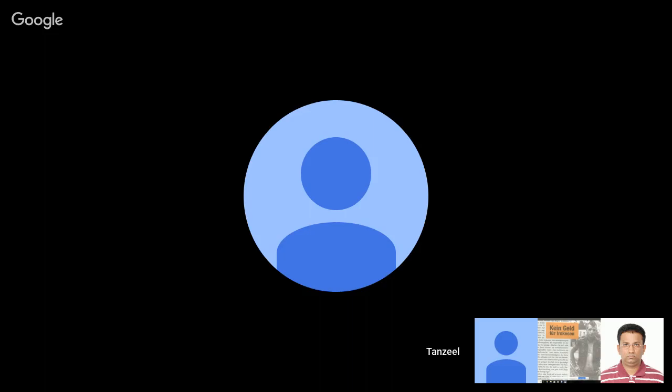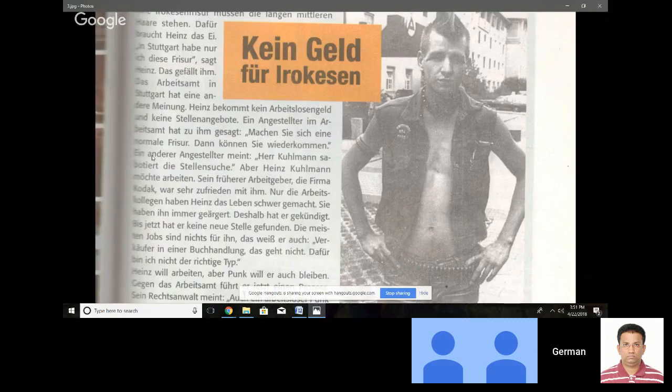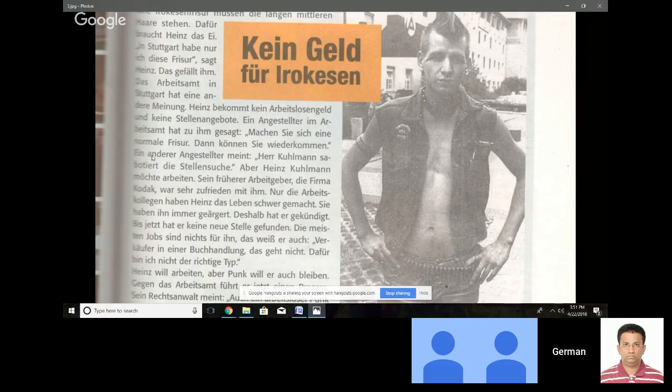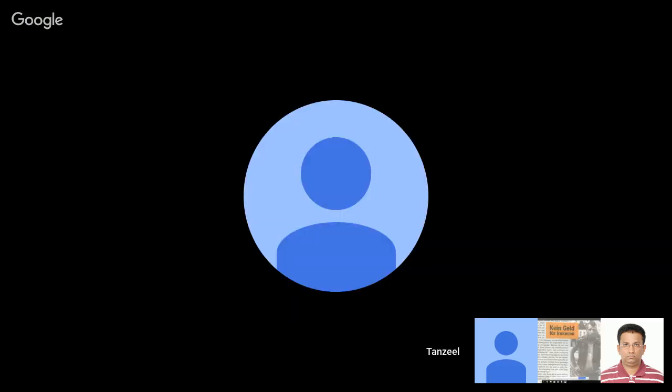Das Arbeitsamt in Stuttgart hat eine andere Meinung. But the employment exchange in Stuttgart has another opinion. Heinz bekommt kein Arbeitslosengeld und kein Stellenangebot.